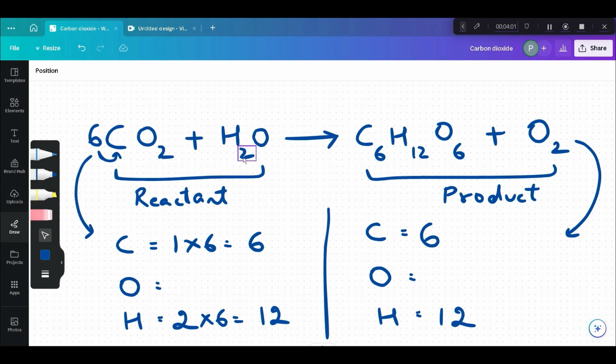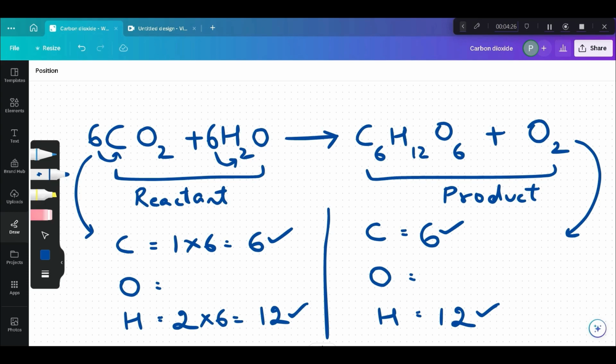What you can do is put that 6 over here. That's just where I'm going to put the 6. Now 6 times 2, you get that 12. And we got the 12 as it is from the product side. So we got those two balanced up. Just like how we got the carbons balanced, we got the hydrogen balanced.